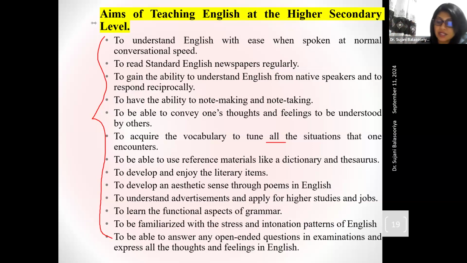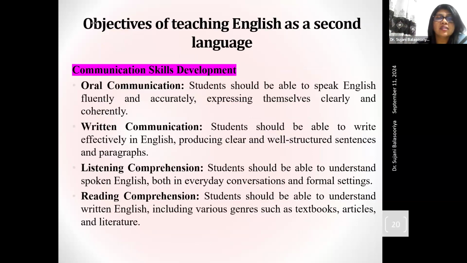Right. Okay, and then our next topic is to talk about objectives of teaching English as a second language. And as we have no time now, I have sent you the notes up to maybe teaching listening, right?